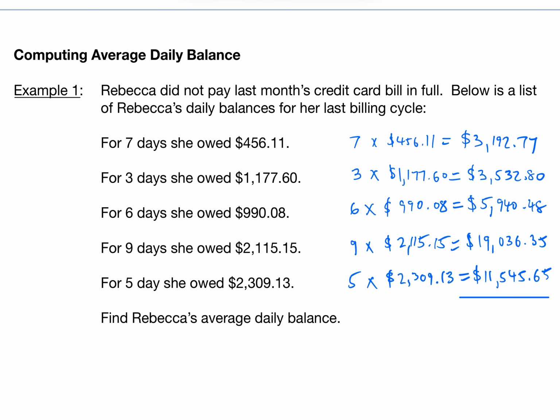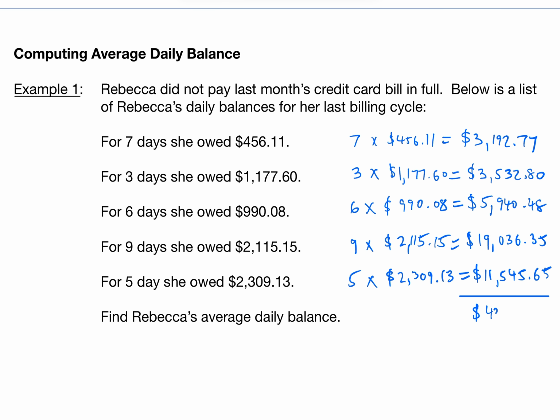Okay, so then what we're going to do is add all of these up, and when we do, we get $43,248.05. So then to find Rebecca's average daily balance, we're going to take this total and divide it by the sum of these days. Okay, so 7 plus 3 plus 6 plus 9 plus 5 gives us 30 days.